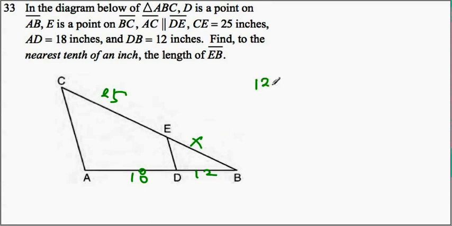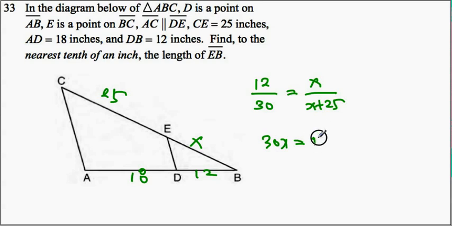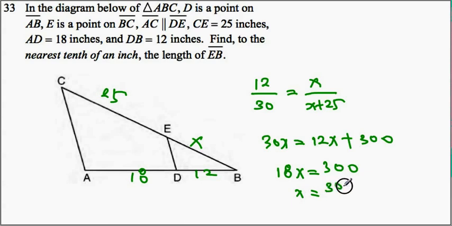Then we have 12 over the entire thing, which is 30, equal to x over the entire thing, which is x plus 25. Then when you cross multiply, we get 30x is equal to 12x plus 300. Then we get 18x must be 300. x then must be equal to 300 divided by 18. Then let's see what we end up getting.